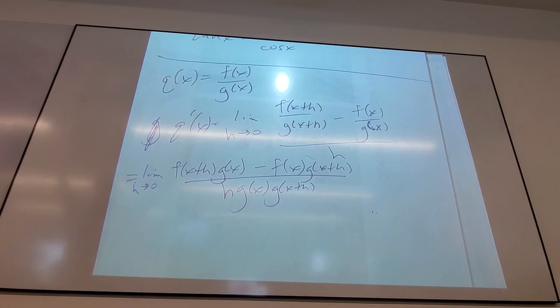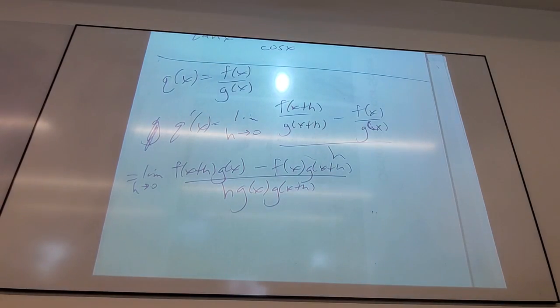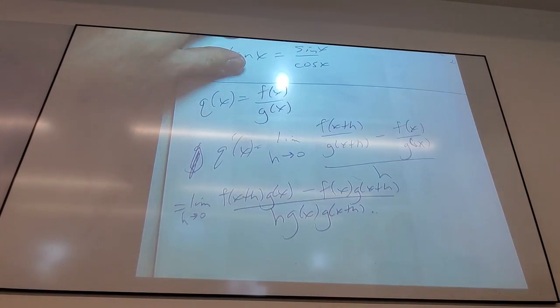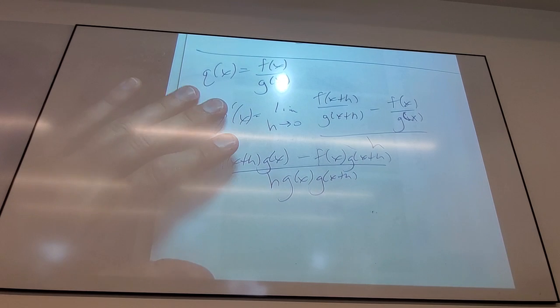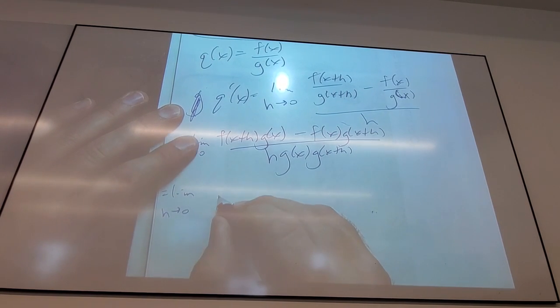Does the top look sort of similar to something? So what do you think I'm going to do? I'm going to add and subtract something because I'm a creative little math guy. But what I'm going to add and subtract is a little different. I wrote it down somewhere, so let me see if I remember.